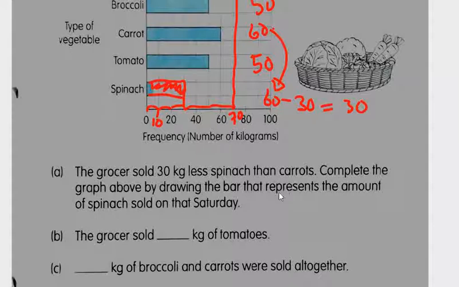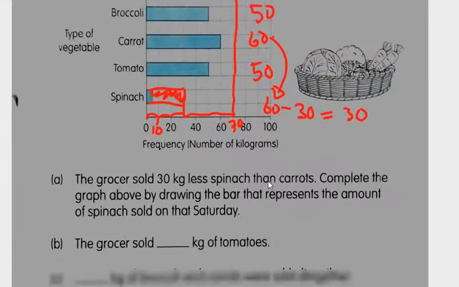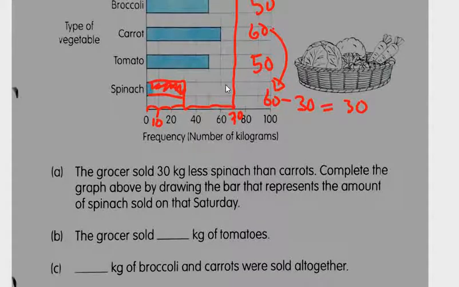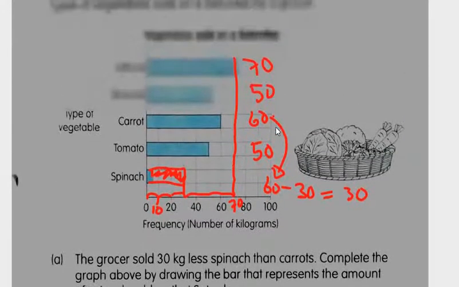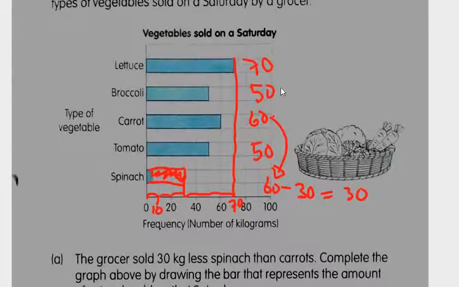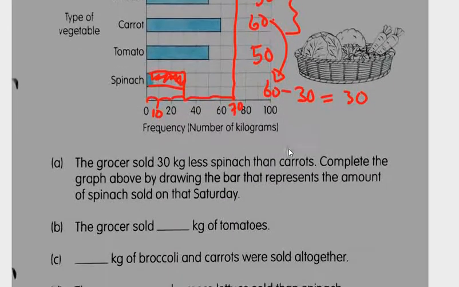Question B, the grocer sold how many kilograms of tomatoes? Okay, so it already has the number of the tomato. And question C, how many kilograms of broccoli and carrots were sold together? Carrot and broccoli, just make the total, 50 plus 60.